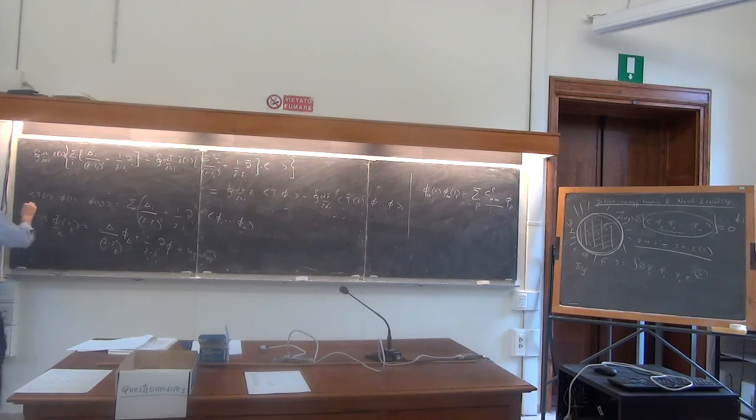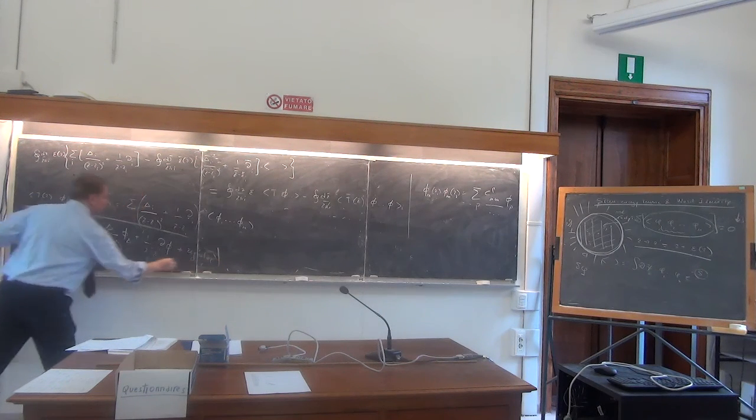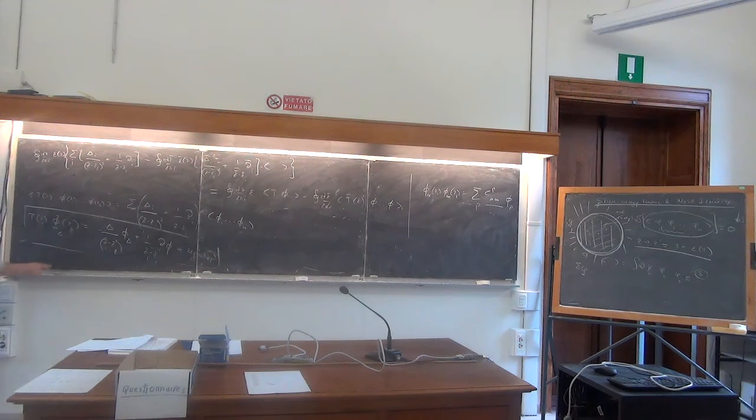Okay? So you see that here we are stating that the stress energy tensor together with a primary field has an expansion whose maximum pole is a second order pole.